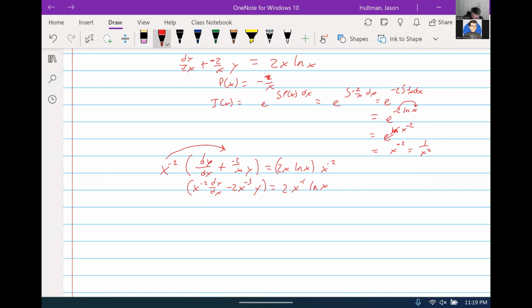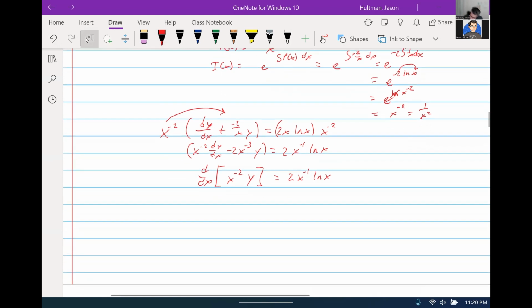Okay, so we've got d dx of x to the -2 y is equal to 2 x to the -1st power natural log of x. Okay, and then what we can do here is integrate both sides with respect to x.